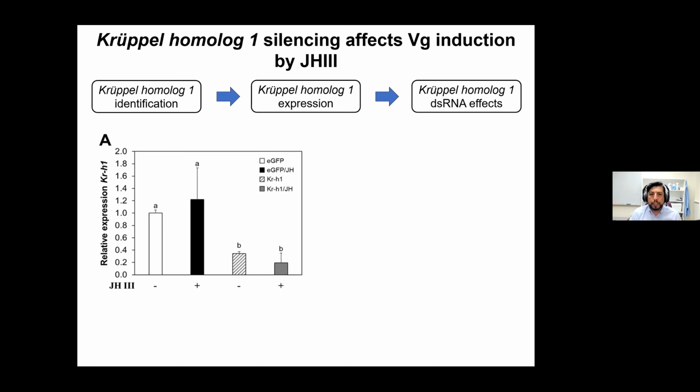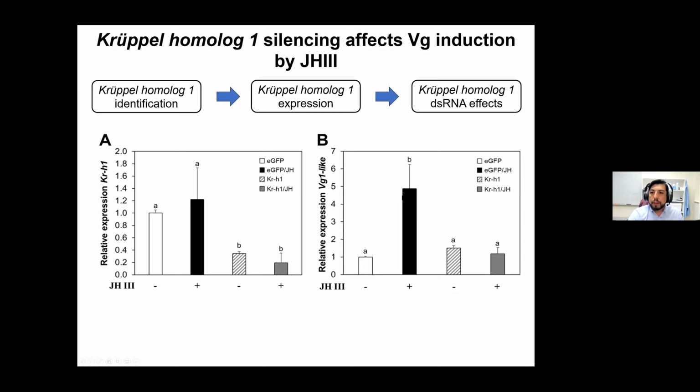One group was without juvenile hormone, and one group of females was exposed topically to juvenile hormone. Here we did not find statistical differences in the expression of the control without and with juvenile hormone, but in the case of Krüppel homolog 1, the expression of this gene was highly reduced.